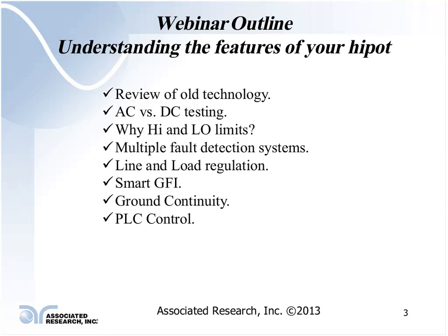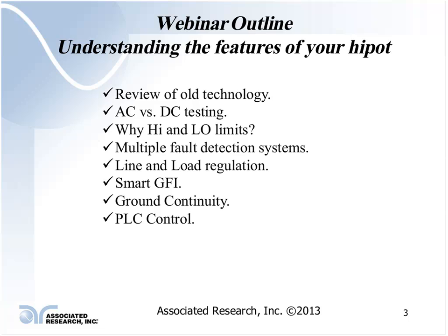Ground continuity function. This is built into most of our Hipot testers today that allows you to perform a continuity check of the ground conductor of your product during a Hipot test.